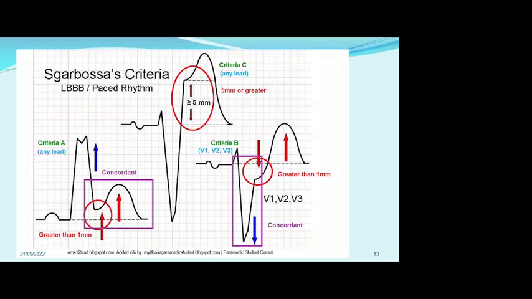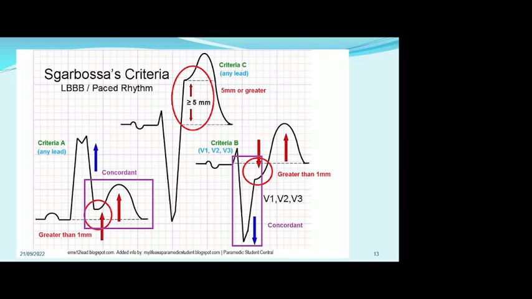Whereas the other criteria is if there's a negative complex in a LBBB, generally there's ST elevation, but if it is more than 5 millimeter, that is also considered significant. And with the negative complex, if there's ST depression more than 1 millimeter with positive T wave, again considered a positive criteria to diagnose MI.